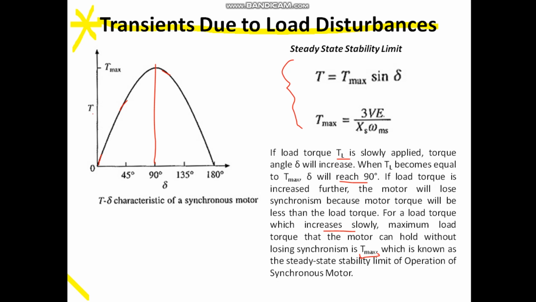When we suddenly change the load torque, whether the motor will remain in synchronism or not can be determined by the examination of dynamic behavior of the synchronous motor. So we are going to go with the dynamic stability analysis.